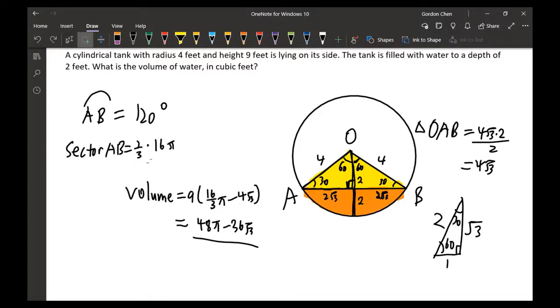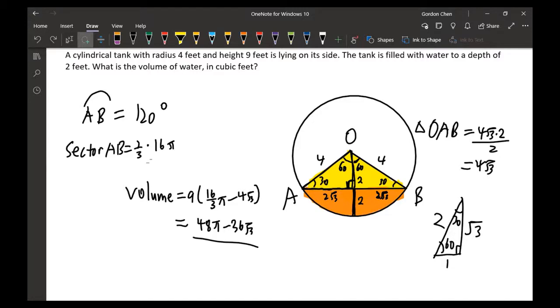And we have the area of the triangle OAB. We have that the height is 2 and AB is 4 root 3. So we have 4 root 3 times 2 divided by 2, which is 4 root 3.